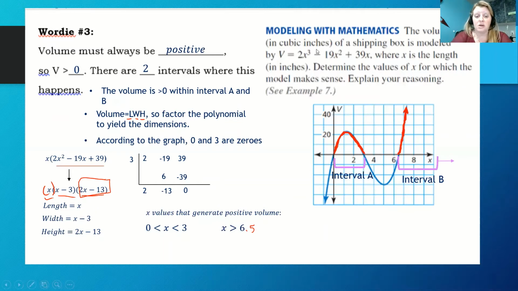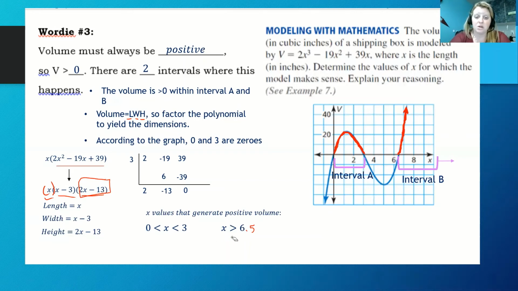Now it's important to notice I did not include 6.5, 3, or 0. That would be wrong to do that because, for example, at 3, the volume is 0. We can't have a volume of 0. There's no box whose volume is 0. At exactly 6.5, we have a volume of 0.